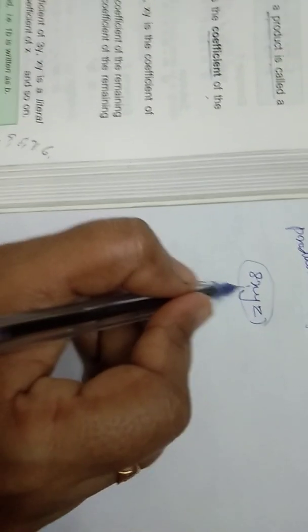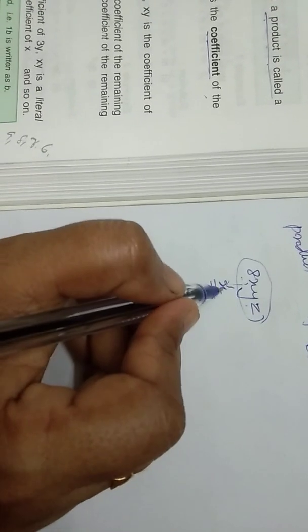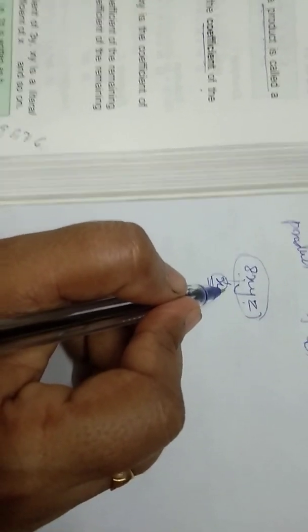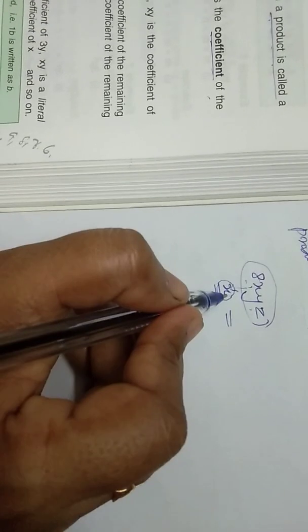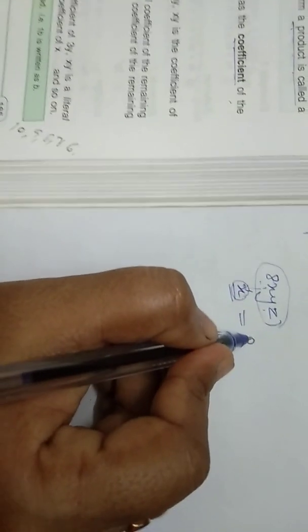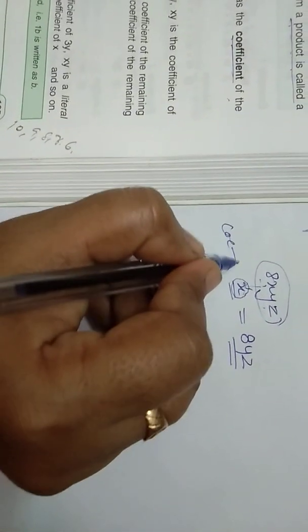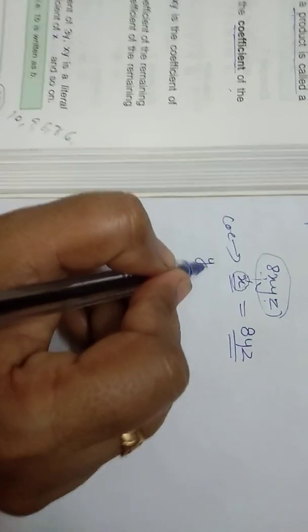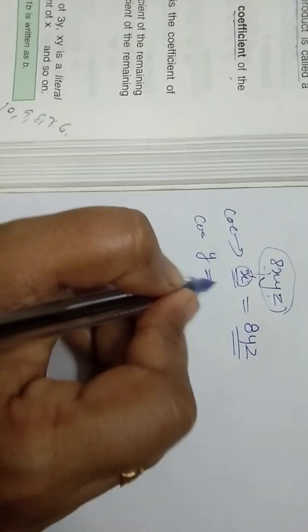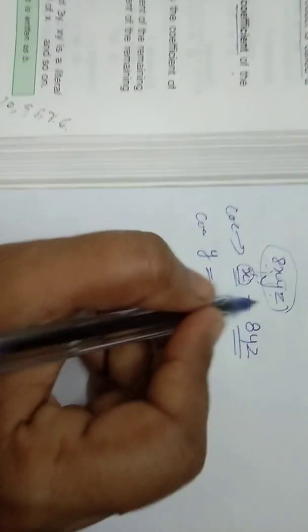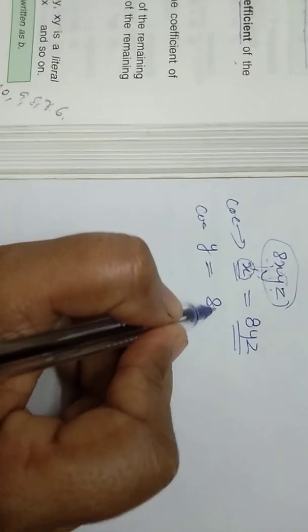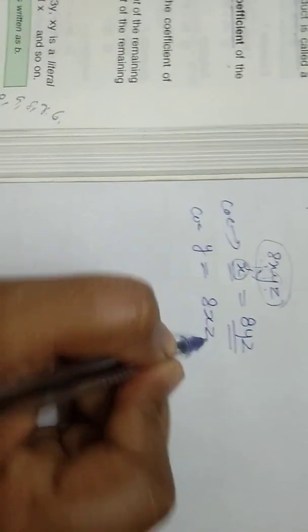Without this x, the remaining terms are its coefficient. 8yz is the coefficient of x. And then what is the coefficient of y? Without this y, we join the other three terms, 8xz, and that is its coefficient.